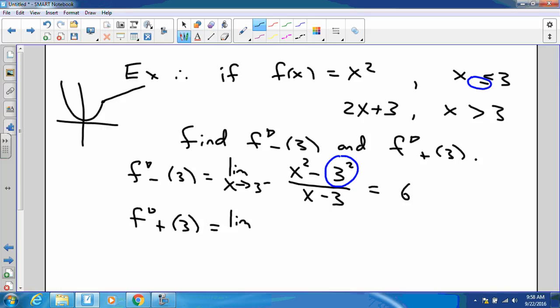And likewise, when I compute f prime from the right, I now use the piece of f of x that applies when x is bigger than 3, because this piece is valid for x bigger than 3, but when it comes to evaluating f of 3, that's still 3 squared.